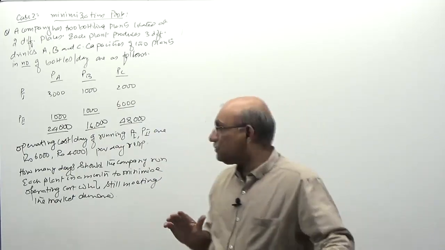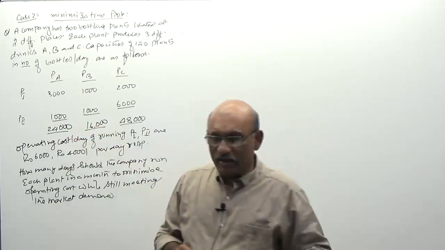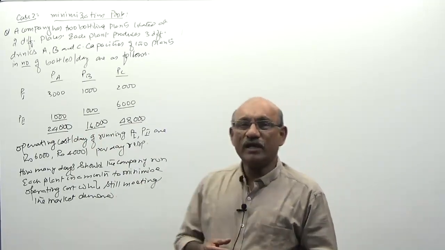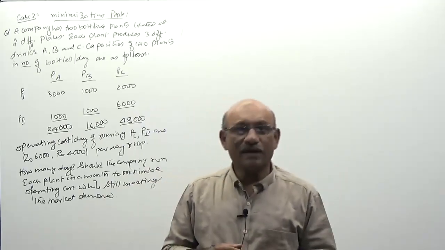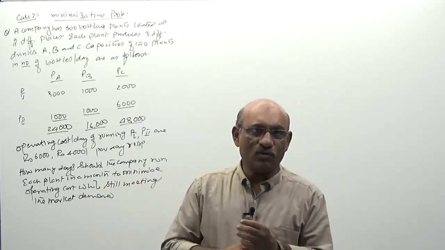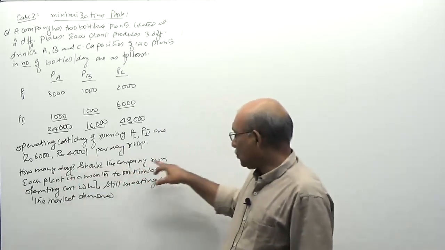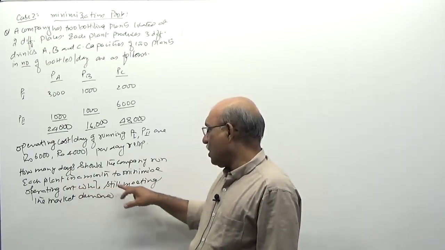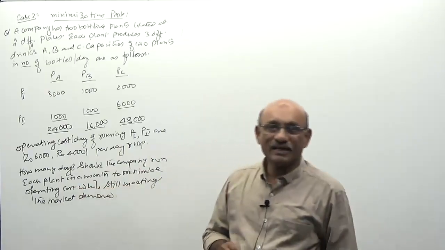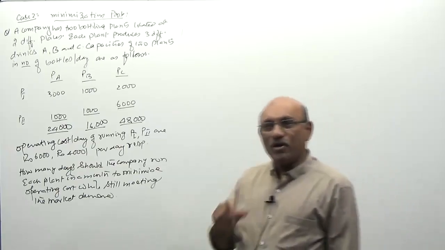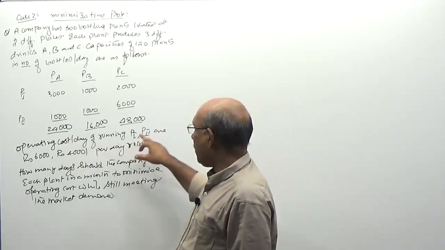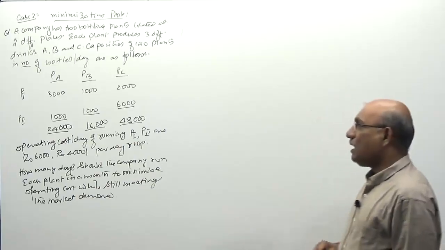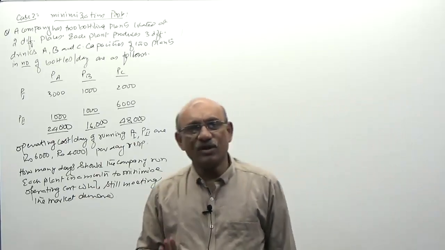During any particular month, there will be a demand of 24,000 bottles of A, 16,000 bottles of B and 48,000 bottles of C. Clear? Now what is the decision here we have to take? How many days should the company run each plant in a month to minimize the operating cost while still meeting the market demand? Clear? Look at the key point here. Operating cost per day of running plant 1 and plant 2 are rupees 6,000 and rupees 4,000 per day respectively. This is also given.